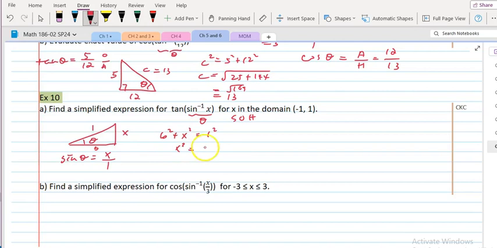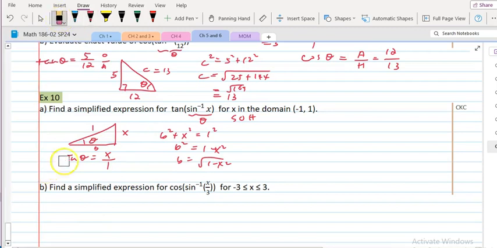So x squared would be equal to 1 minus b. No, I need b squared. X is something that I was given. B squared is equal to 1 minus x squared, because 1 squared. Then b is the square root of 1 minus x squared. You let this be theta, then you say sine theta equals x over 1, and you get that.